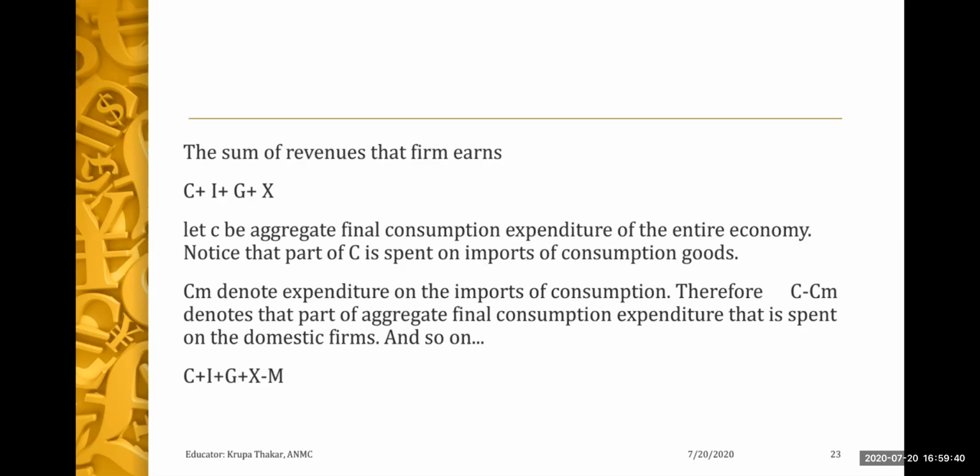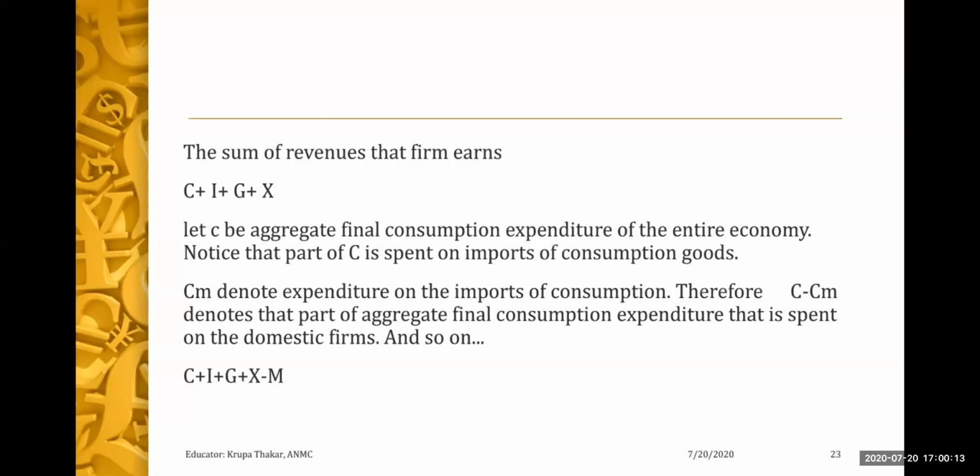Aggregate C is nothing but domestic expenditure plus the consumption expenditure from abroad, that is the import. So C minus CM would denote the part of aggregate final consumption expenditure that is spent on the domestic firm.